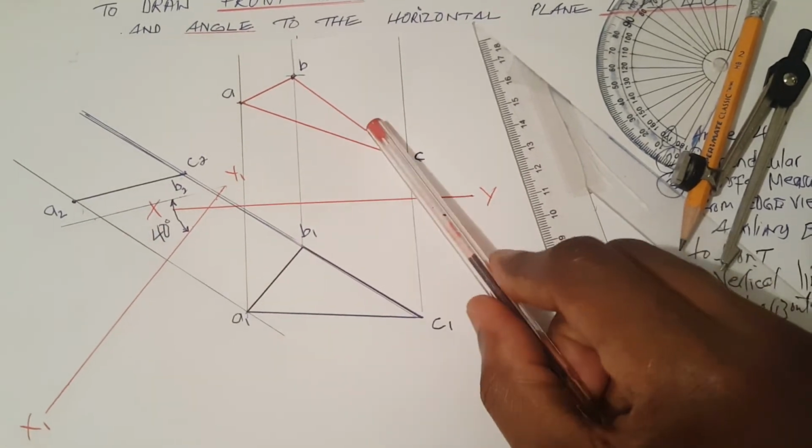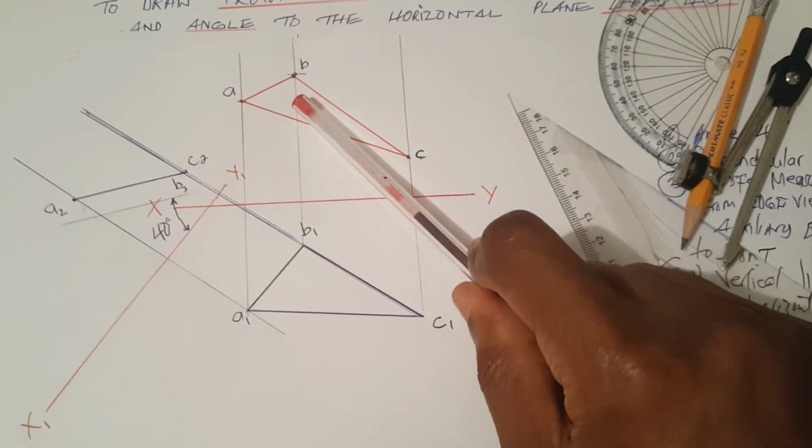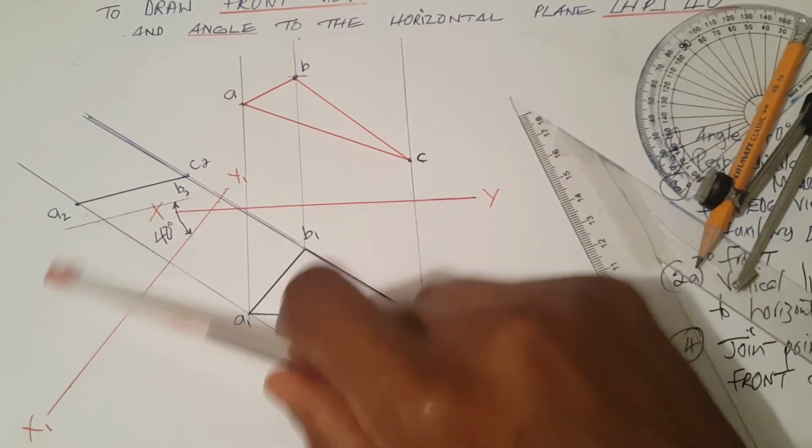That is how we find the front elevation when given the auxiliary elevation.